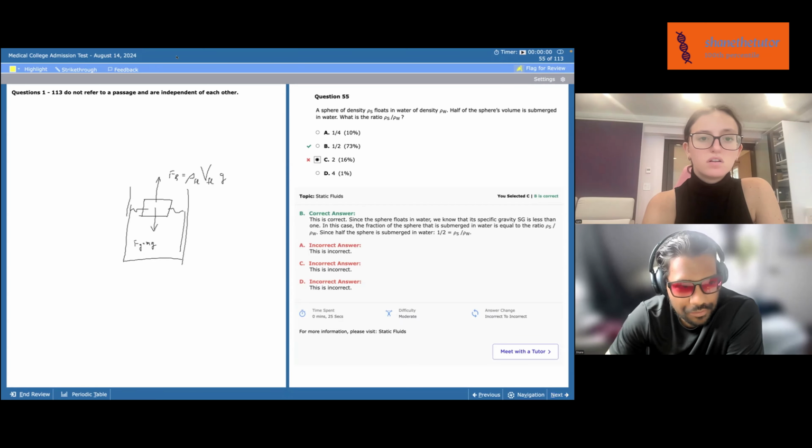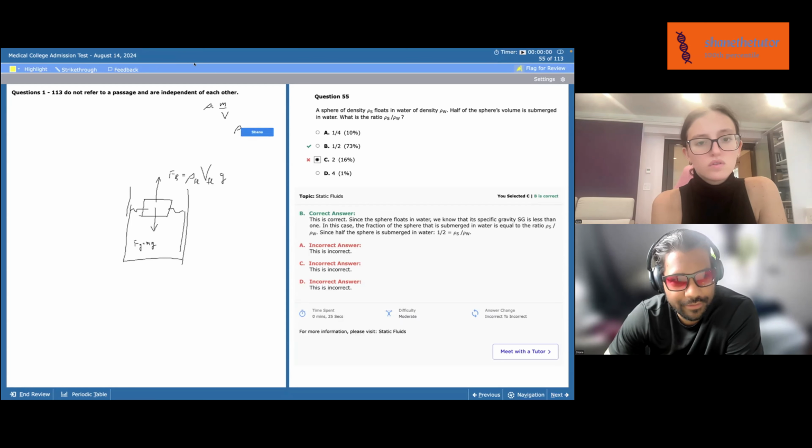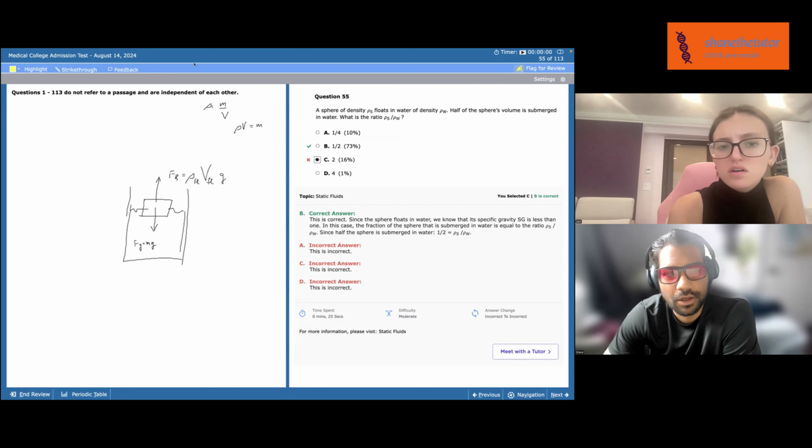Now, the big thing to do here is to understand that if rho is density, that's mass over volume, right? So if you multiply density by volume, you should be getting a mass, right? Good.